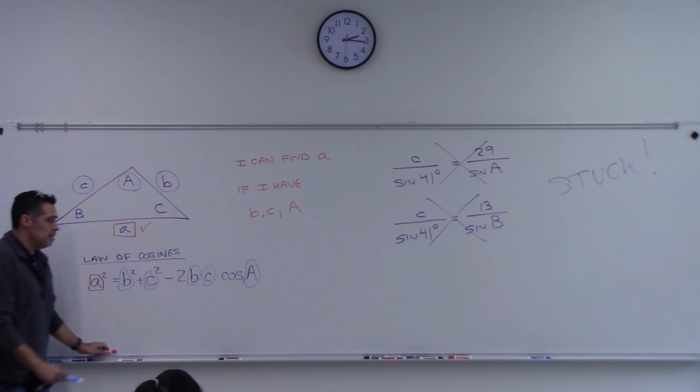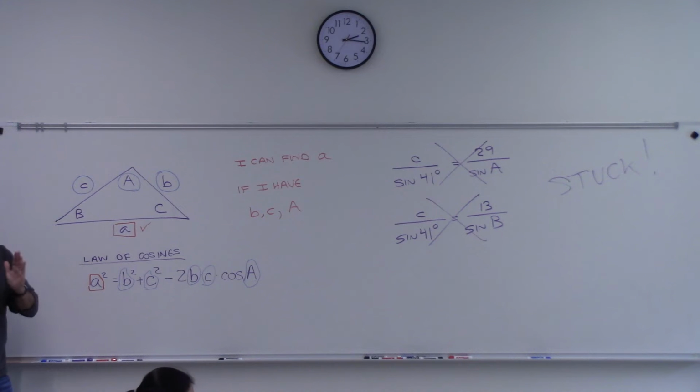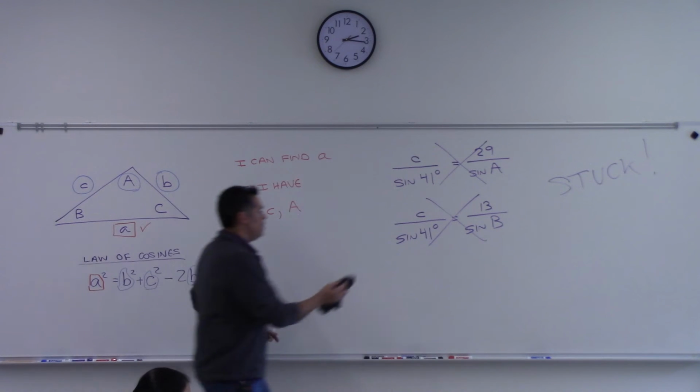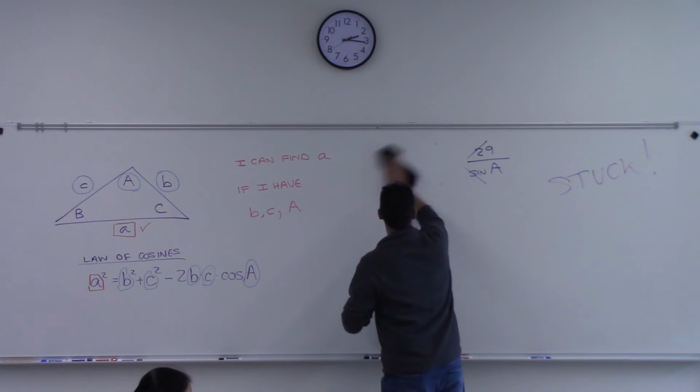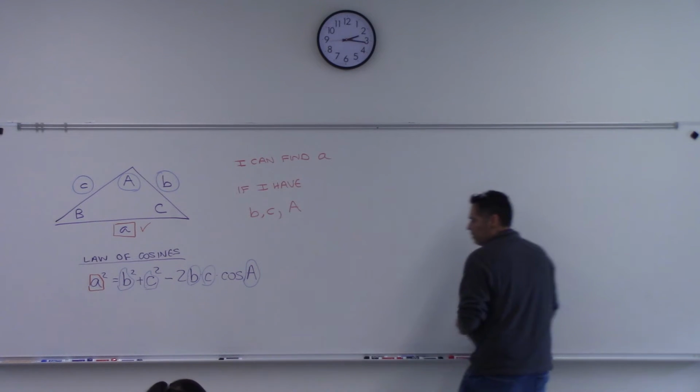Okay. Now there are two other formulas. They say the exact same thing though. I'm going to put the second formula up here. I'm going to draw a new triangle just so you can see that it says exactly the same thing, just changes your variables up a little bit.